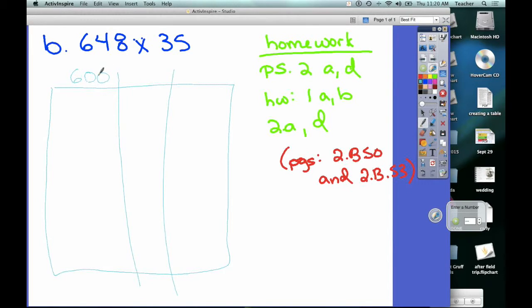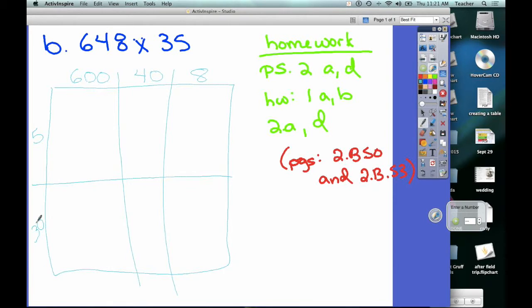How much is my second digit worth? 40. And my last digit is worth, everybody? 8. How many digits are in the second number that I have? 2. So I'm going to divide this into 2 parts. Which one goes on top? You can put the 5 on top if you want. 30 on bottom. And then you multiply.